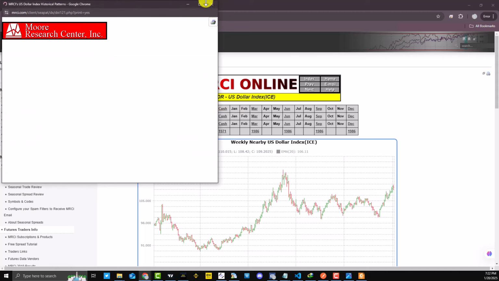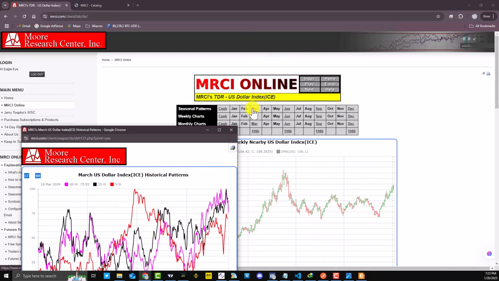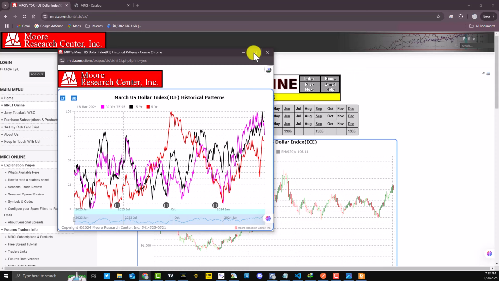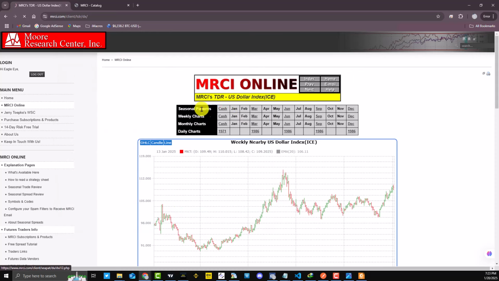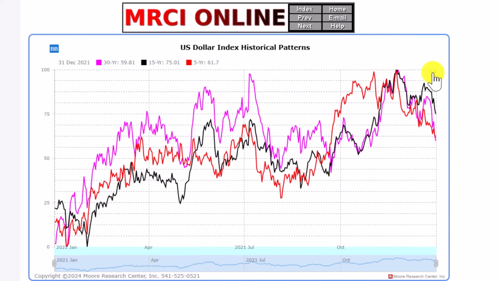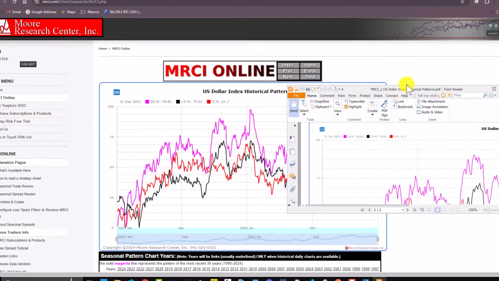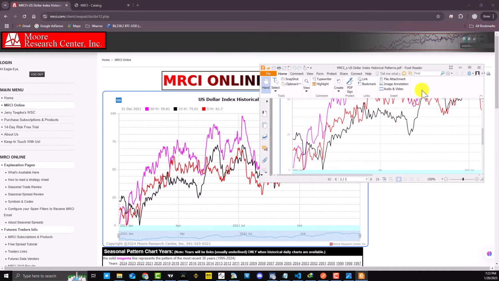Okay, so you can actually open it contract by contract. So the March contracts, June, September, and then December. And this is the seasonal pattern, the overall. This is how you see, just as I showed in the other charts, the saved version of the PDF here. So this is what I actually saved.